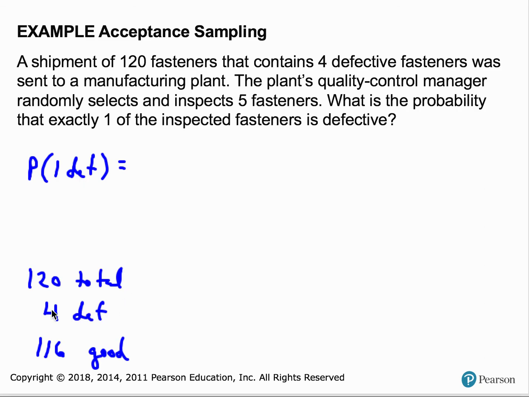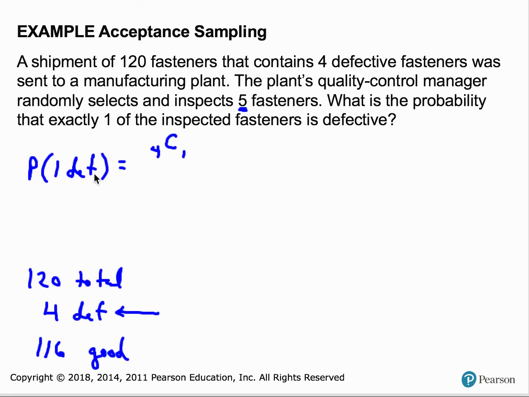So I might choose that one out of this 4, right? Because we're choosing 5. So out of this 4, I have to choose 1 if I'm saying that 1 is defective.